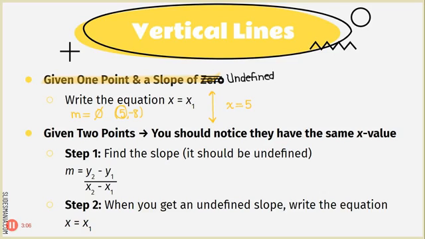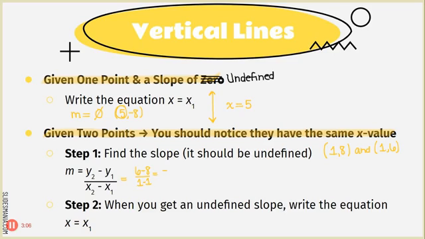If you are given 2 points, you should really notice they have the same x value. Let's say I give you 1, 8 and 1, 6. When I go to find my slope, my change in y is going to be 6 minus 8 over 1 minus 1.